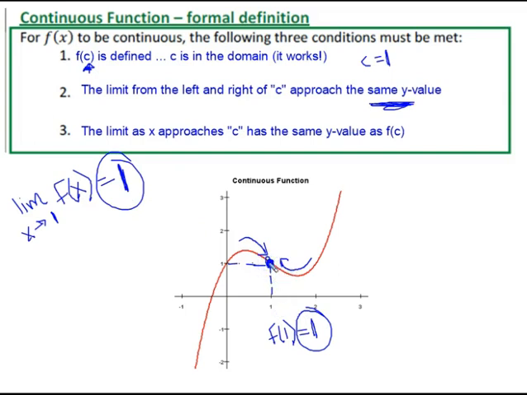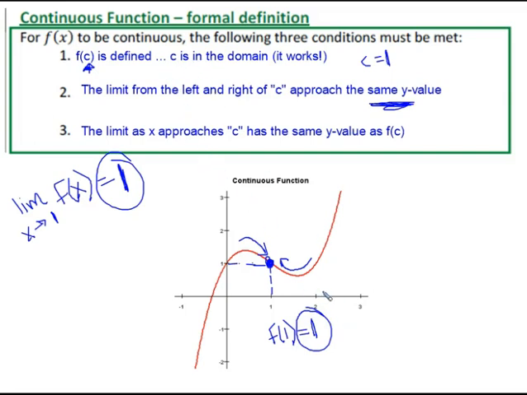The actual point exists, the limit itself exists from the left and the right, and the answer from those two pieces match. Now, you can pick any x value you want. We could have picked 2, we could have picked 3, we could have picked 2.5, but in any of those cases, these three conditions would have been met.